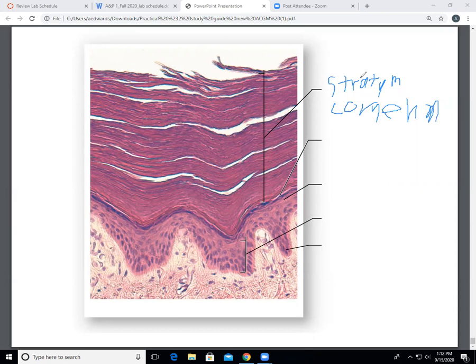My handwriting's not that great on this, but try it this way instead. I'm sorry, I struggle with that.